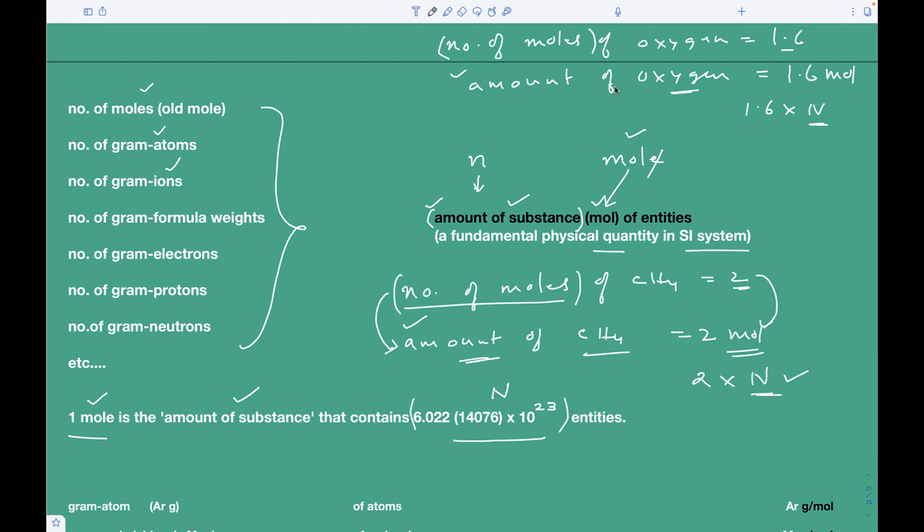So in those cases, you have to clearly or explicitly mention the nature of the particles, like amount of oxygen molecules or amount of oxygen atoms. Because the original sentence has number of moles, that means we are talking about molecules. So we have to say amount of oxygen molecules is equal to 1.6 mole. Then it means you are saying you have 1.6 times an Avogadro's number of oxygen molecules.